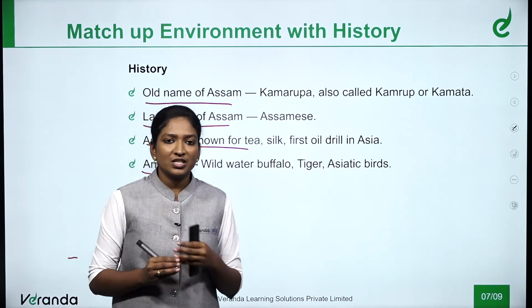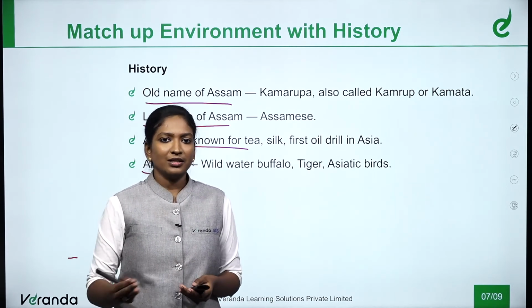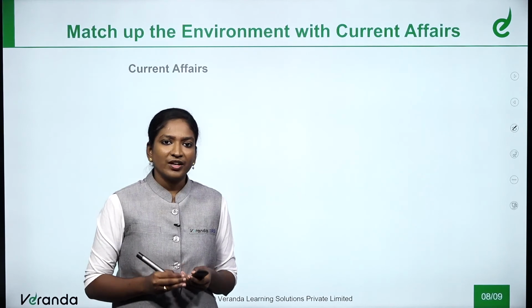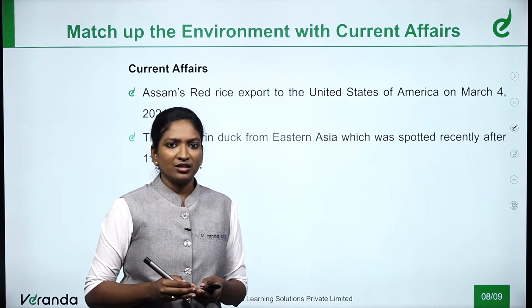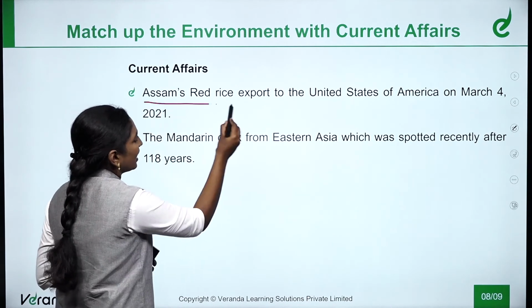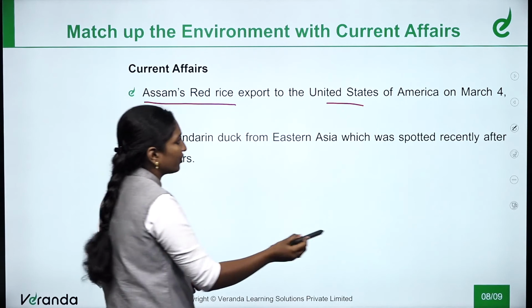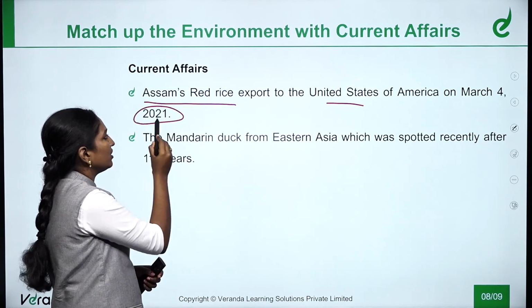This is just an example of how you need to match up with currently related things. And finally, the most important thing is current affairs. Recently, Assam's red rice has been exported to the United States of America from March 4th of 2021.